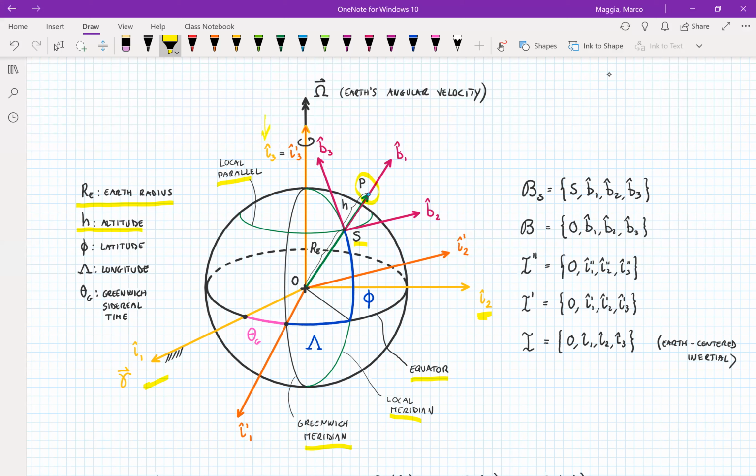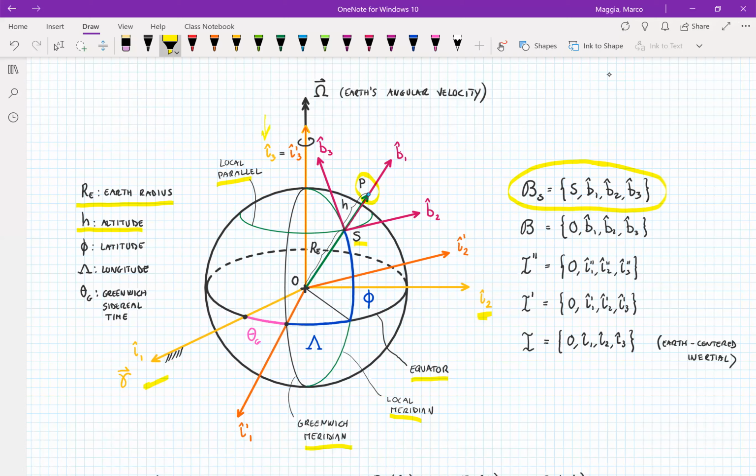Now we know that this non-inertial frame of reference, B subscript S, and I'm using subscript S because I'm referring to it as centered in the S point. We need to transport it so that its origin coincides with the inertial frame of reference.